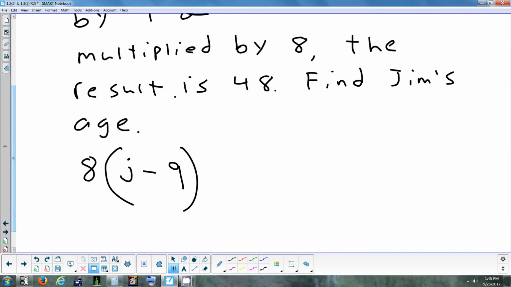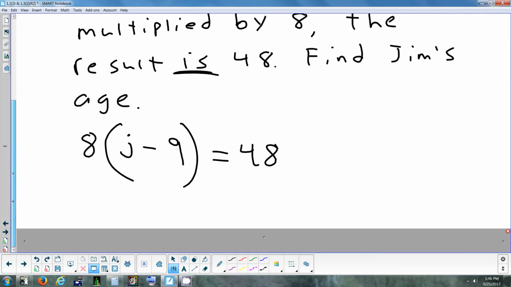The result is. What does is mean? Equals. And it says, what is the result? 48. The result is 48. So Jim's age decreased by 9, and that was multiplied by 8, is, that's the equal sign, 48. Okay. When I do distributive, what do I get on the left?